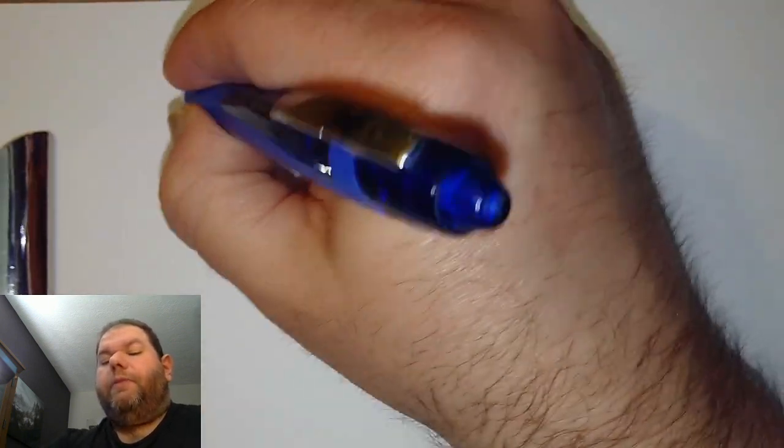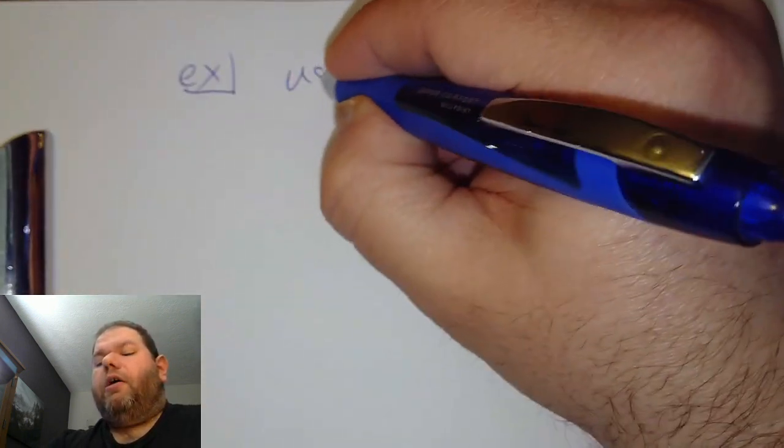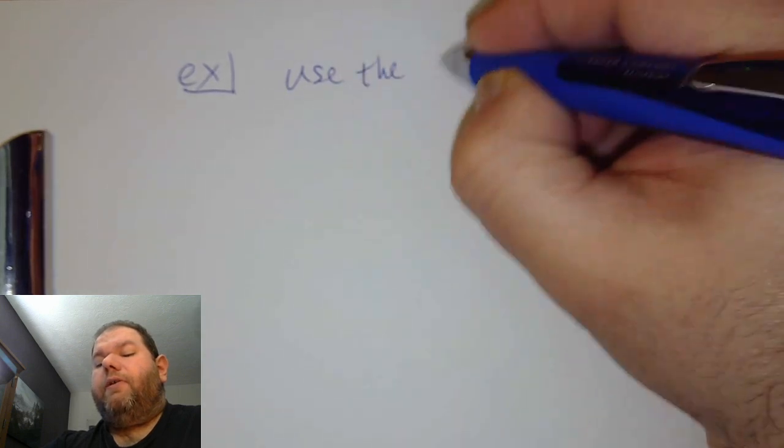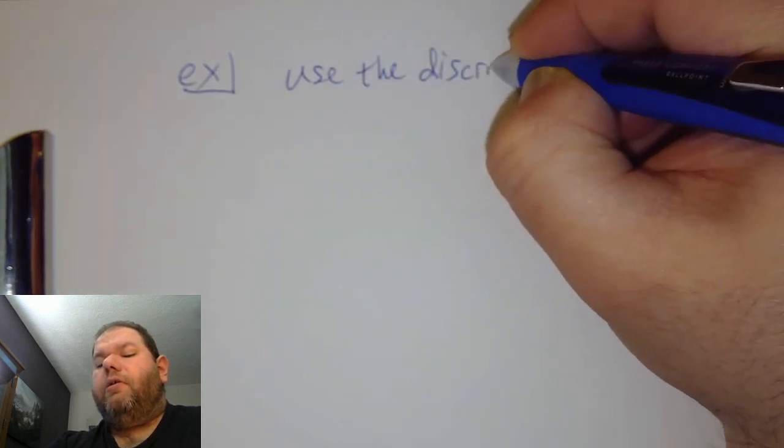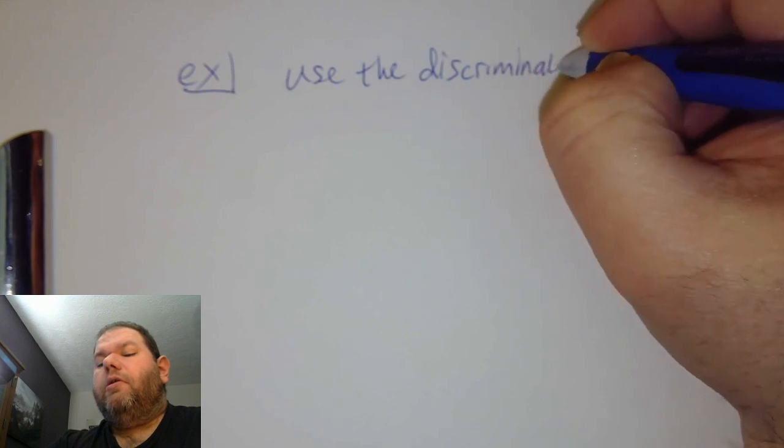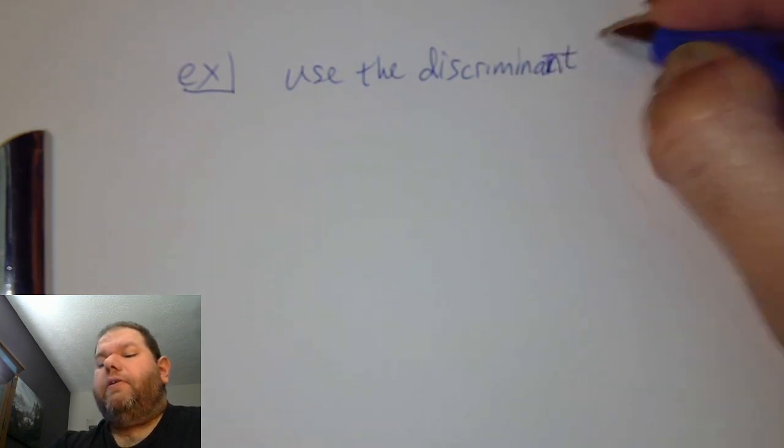Okay. So example. Let's use the discriminant. I left out an n, sorry.